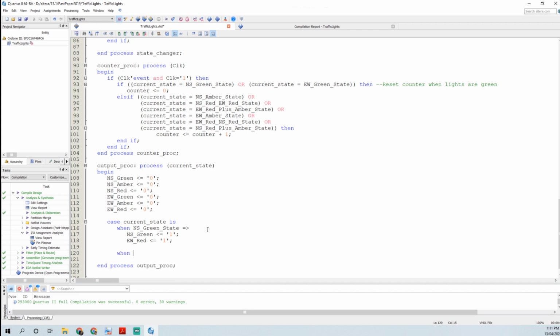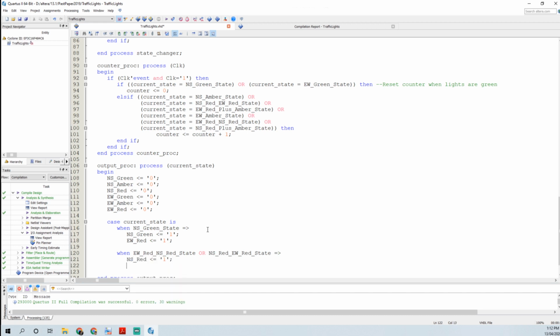When I am in the east-west red to north-south red, or north-south red to east-west red, this is the case where both of those lights are going to be red, then I want to turn on both of my red lights.